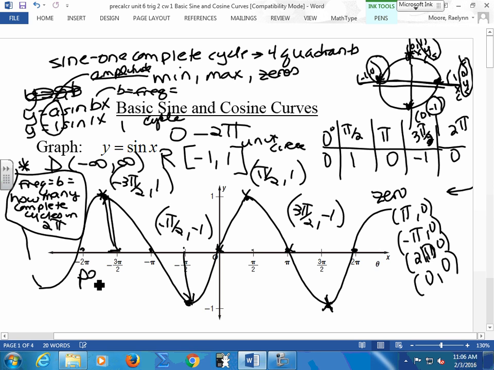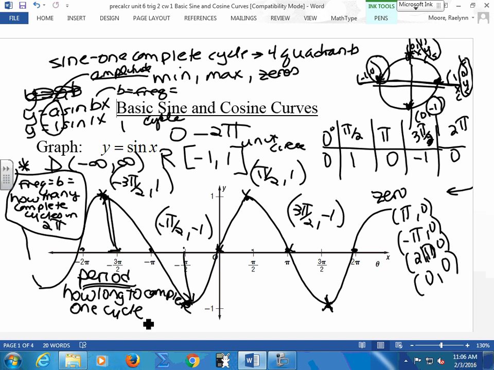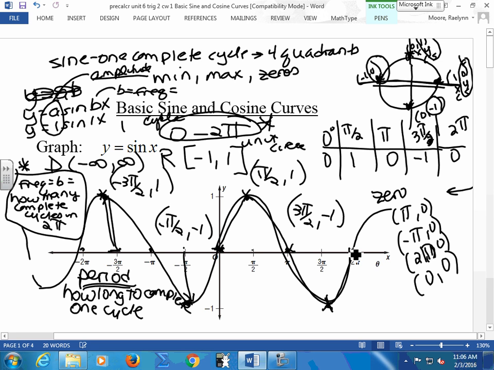The period. The period says how long to complete one cycle. So how long did it take me to complete one full cycle on this graph? It took me from here, from the 0, here's my full cycle, to the 2 pi.